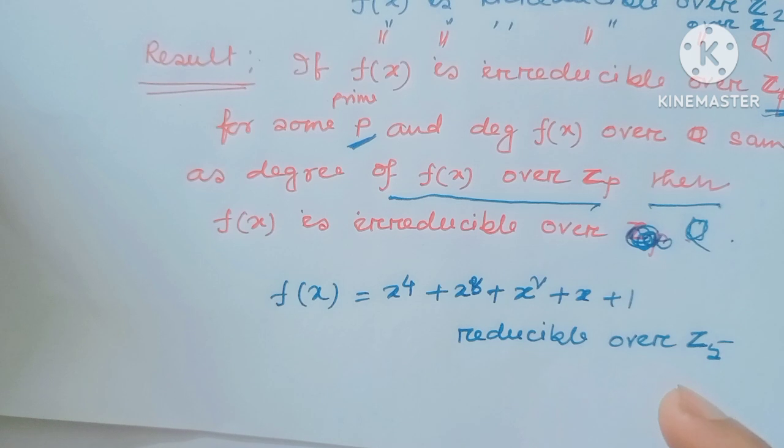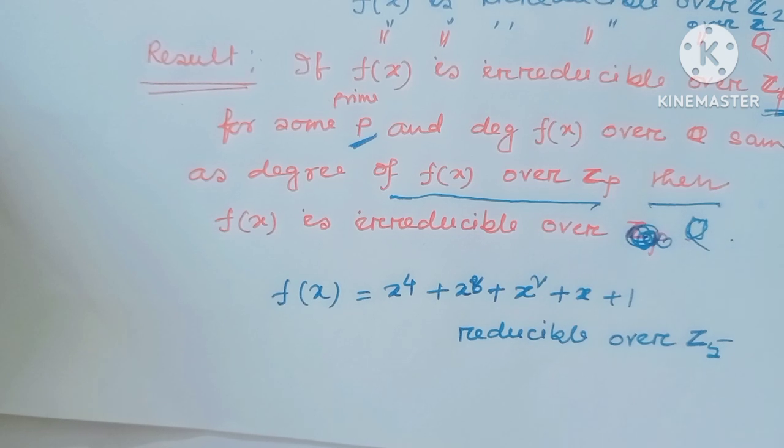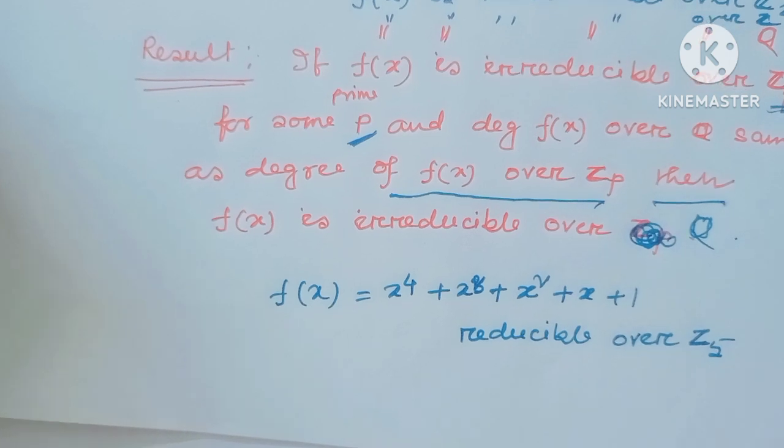Root test is only applicable for degree 2 and degree 3, but the sufficient condition of root test is always true if degree is greater than 3: if there exists a root, if f(a) equal to 0, then obviously f(x) is reducible over this field, but we cannot say irreducibility over the field. f(x) may or may not be irreducible over the field when degree is greater than or equal to 3.